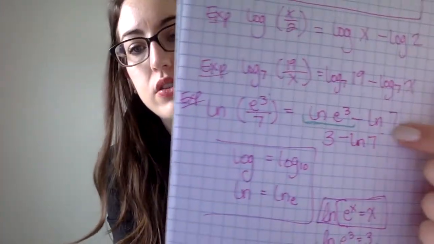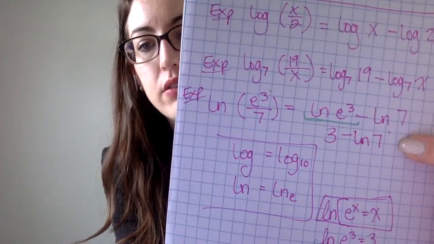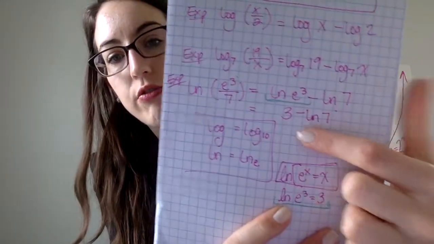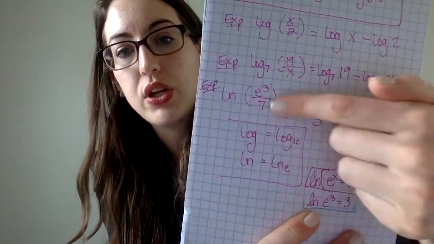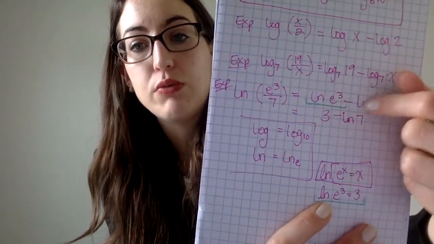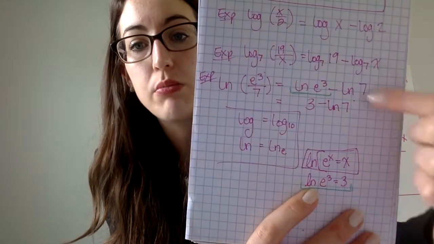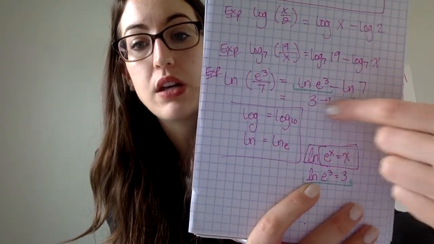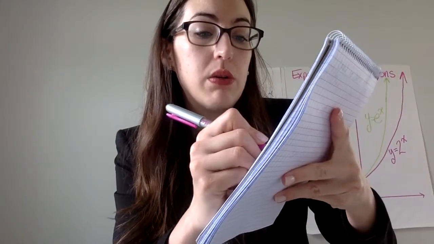Let's copy that down. And that is our answer for our third example. Natural log of e cubed over 7 equals natural log e cubed minus natural log 7, and then we simplified natural log e cubed to a 3, and that's where we stop for that answer.